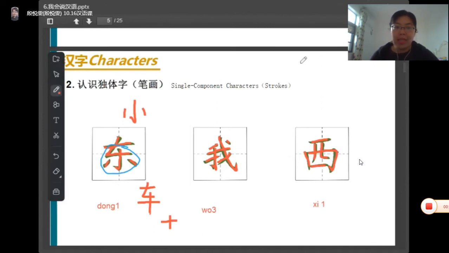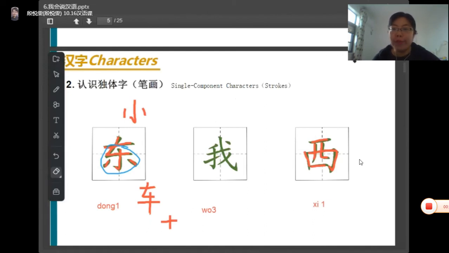Today we learn single component characters. Repeat 我 again. 钱 and 我 are not similar. 吴安, please wait a moment, I will show you 钱, okay?